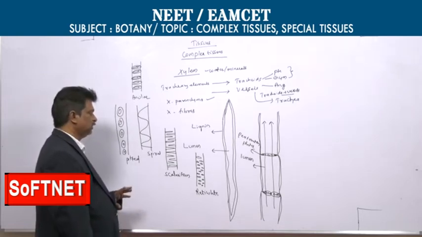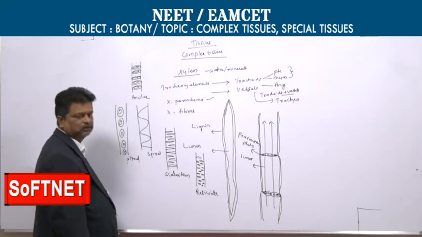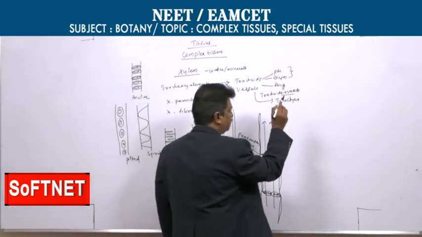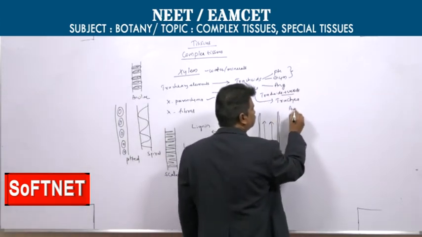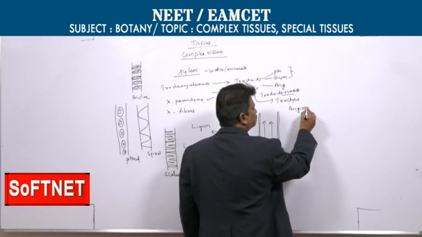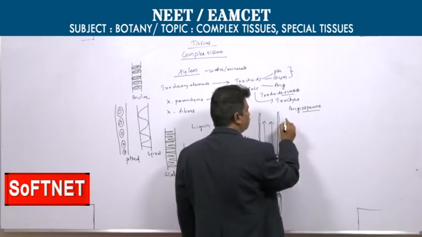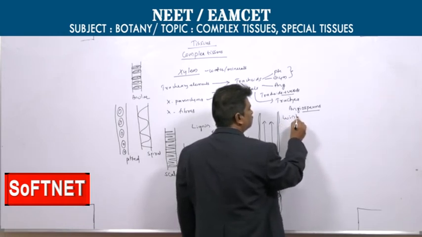Tracheids and vessels help in conduction, and their cell wall is made up of lignin, so along with conduction, they also provide mechanical support. Then vessels are a characteristic feature of angiosperms. Vessels are formed in angiosperms, but in some primitive angiosperms, vessels are absent.